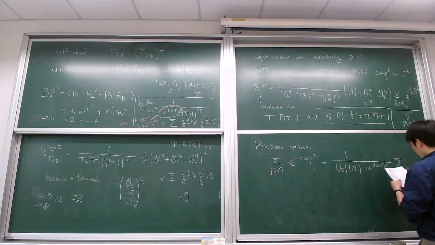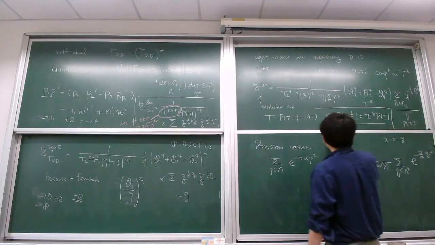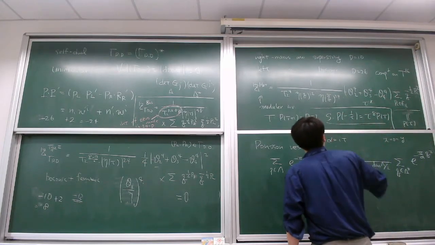In the lecture note, x and y have to be 0. Here what we want is alpha to the i tau.